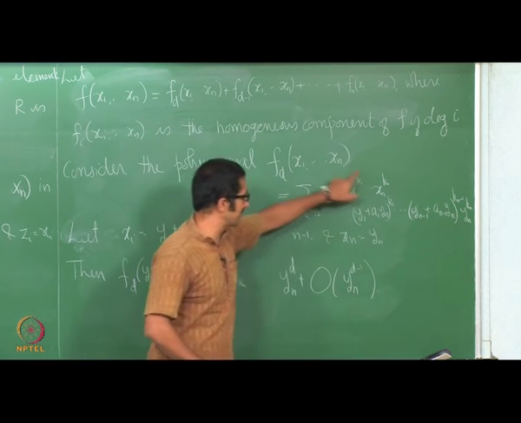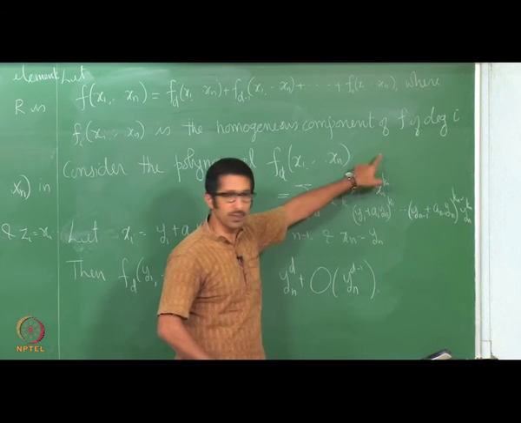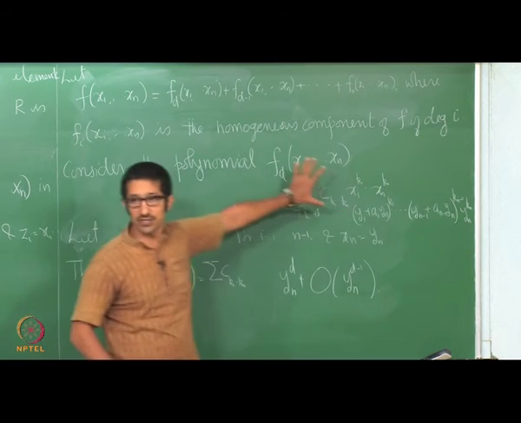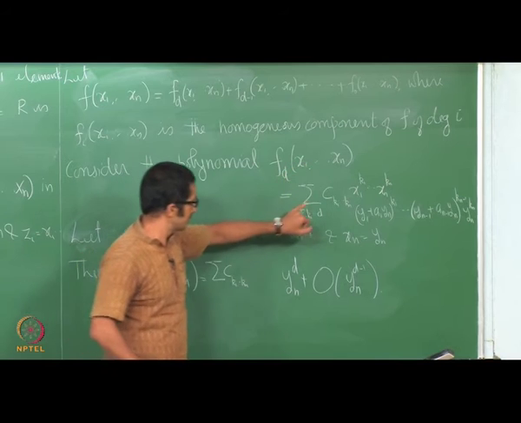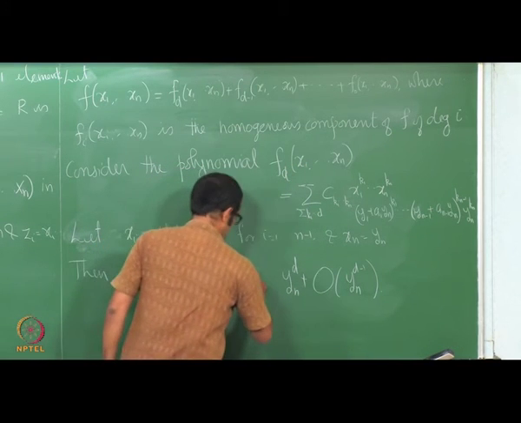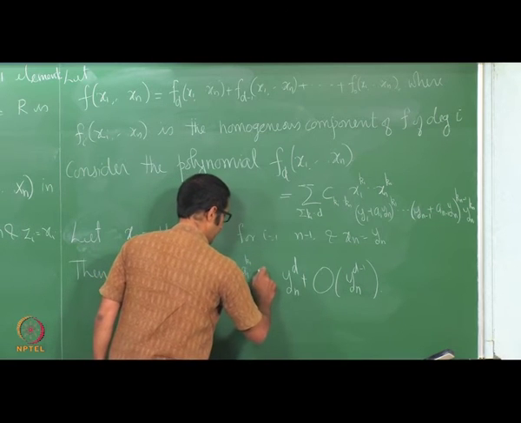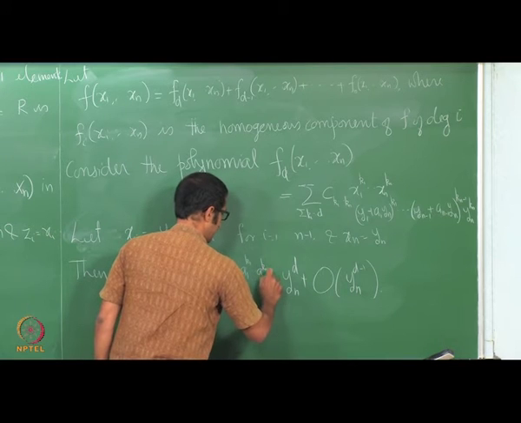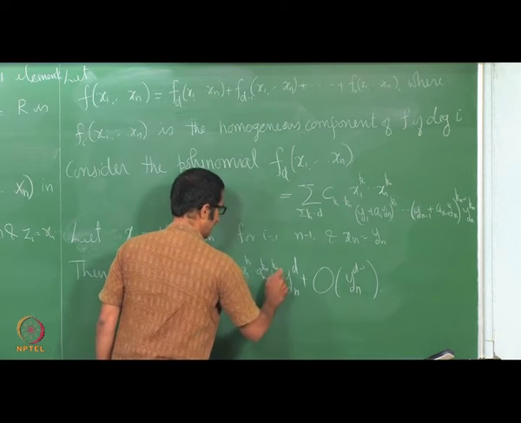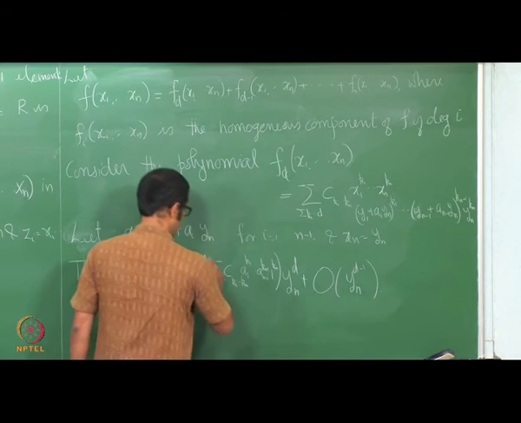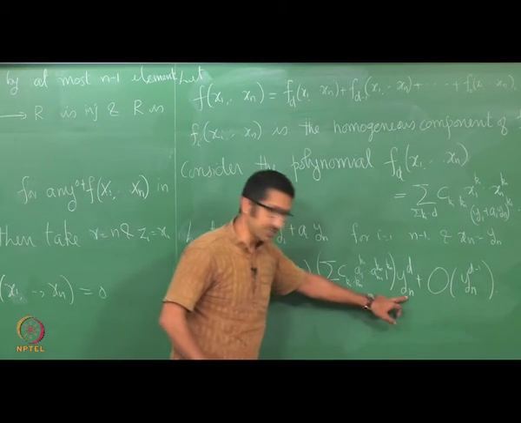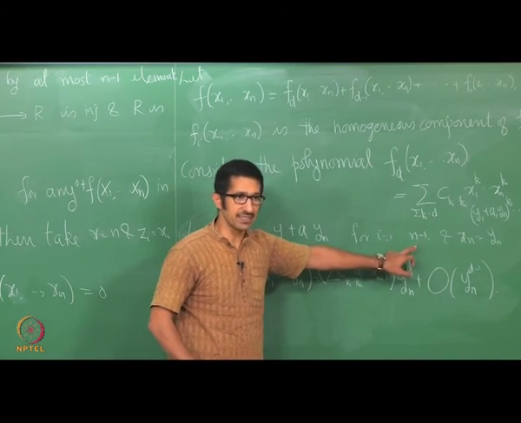From each term that will be there, y n power d will be common to each of them. So let me just write it like this: a1 power k1 up to a n minus 1 power k n minus 1, 1 power k n. This will be the coefficient of y n power d.